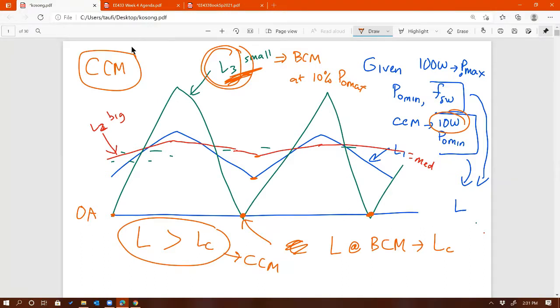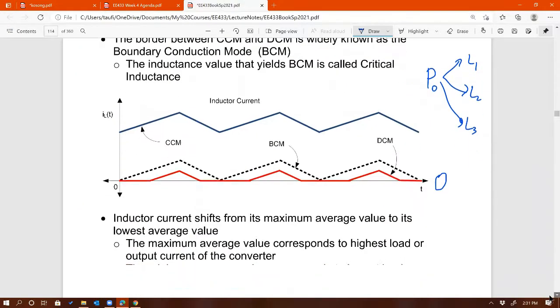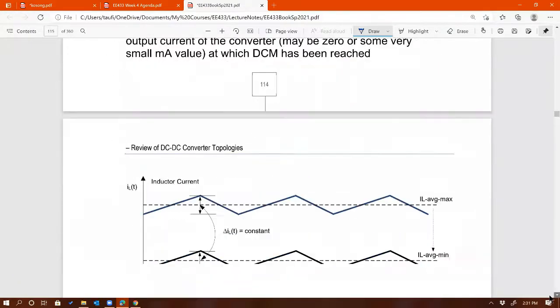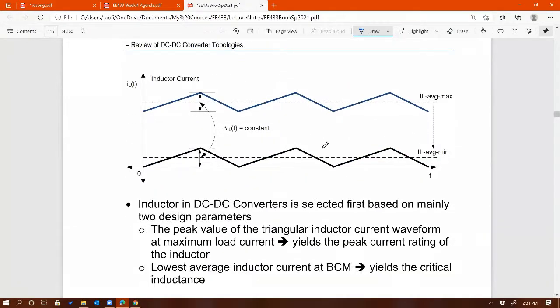If L C, critical inductance, gives us boundary conduction mode, that means any value larger than critical inductance will give us CCM. Any question on that statement? Right. So that's called critical inductance. Right here I have the picture as well. So this is called critical inductance.